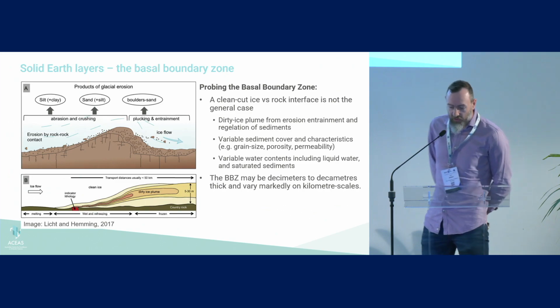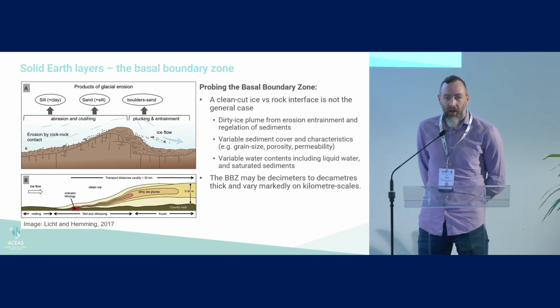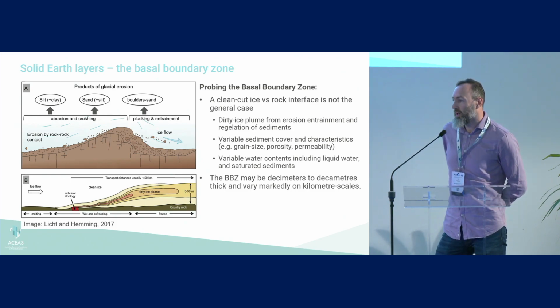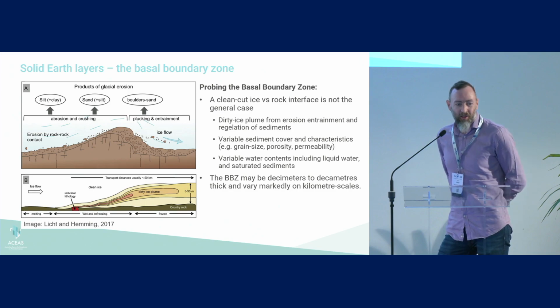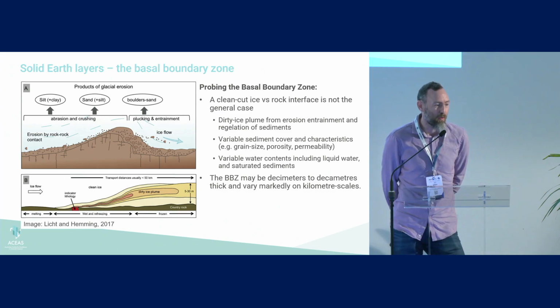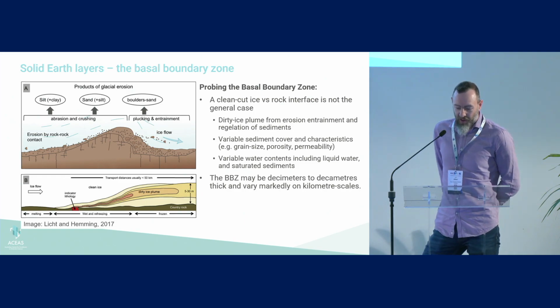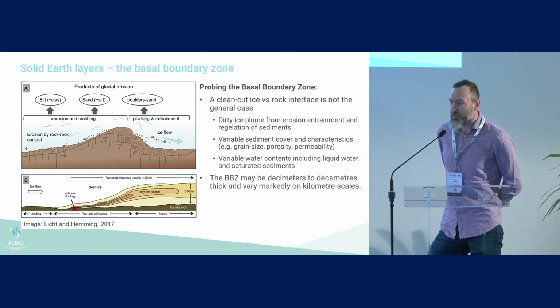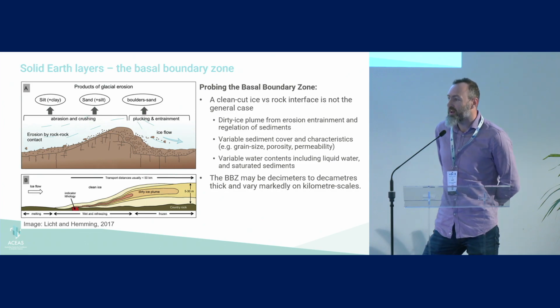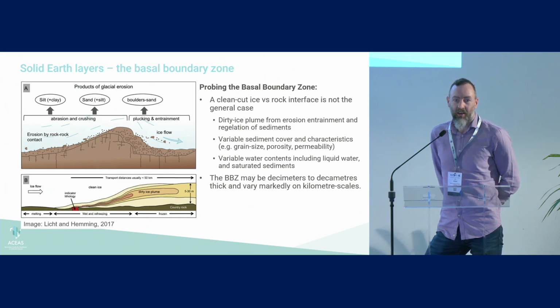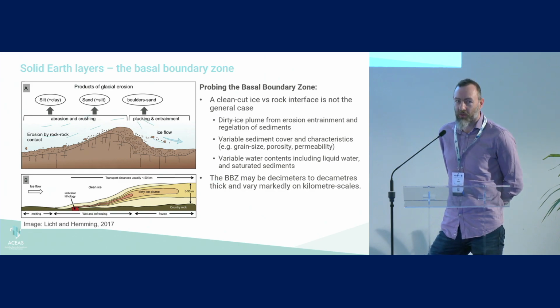So moving on to the first one, the basal boundary zone. It really is important that we realize how complicated and messy this boundary zone is. I think a clean-cut ice on rock interface is probably quite a rare thing. We have a lot of sediments, we have a lot of various forms of dirty ice. There's water there getting involved in various ways. It's really changing the way that layer is evolving and the way that it interacts with the ice sheet.